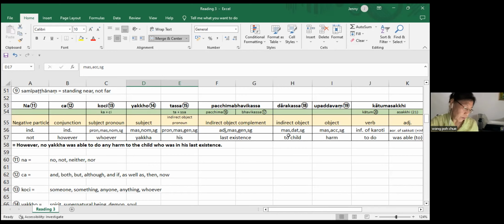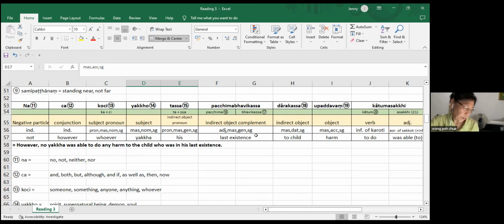And the other part of the sentence describes the child, is an adjectival phrase. I take it as Pachima Pavikasa, Tassa, sorry, it's Tassa Pachima Pavikasa.